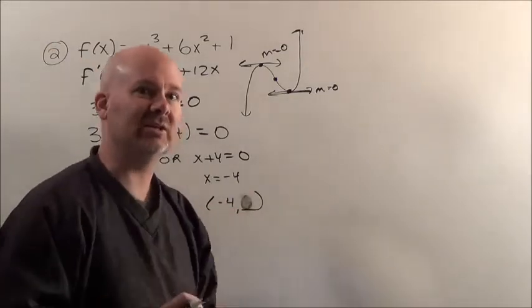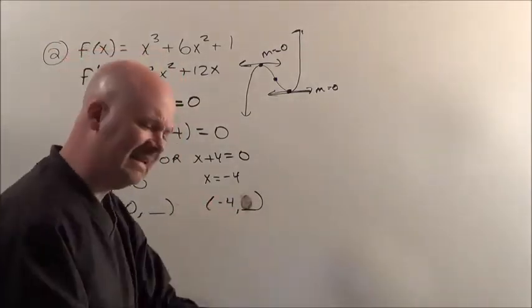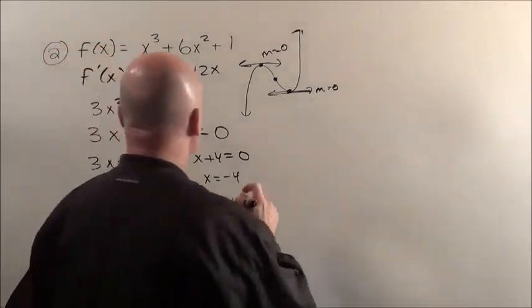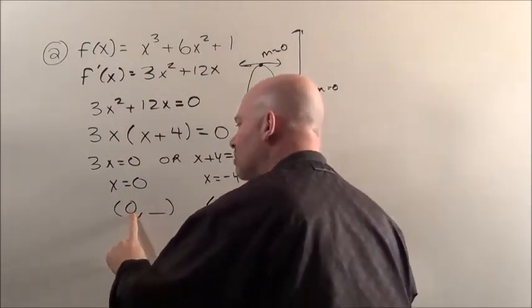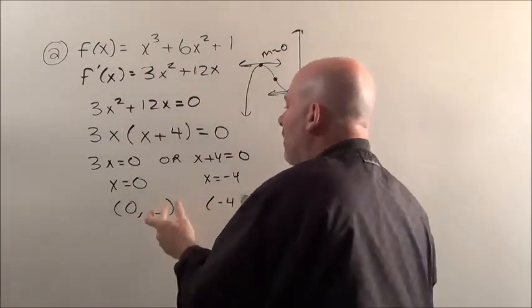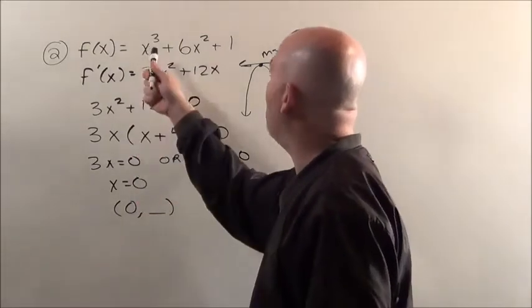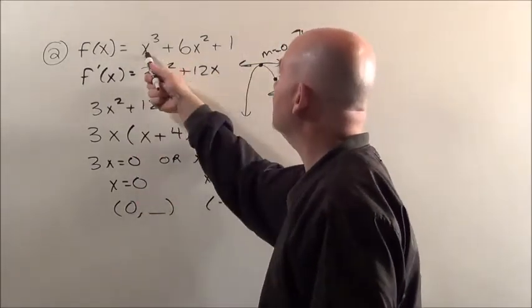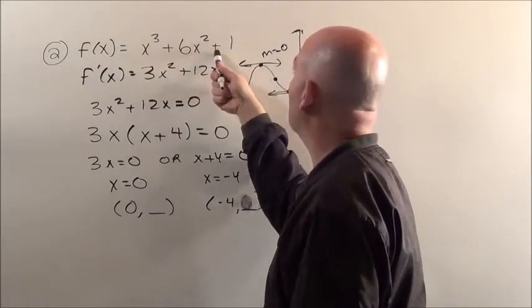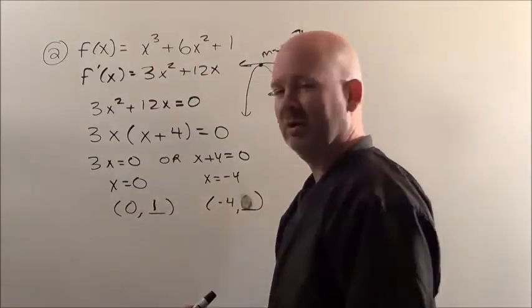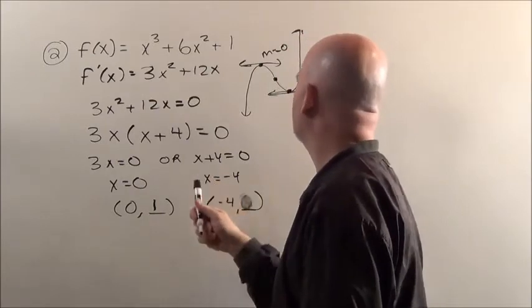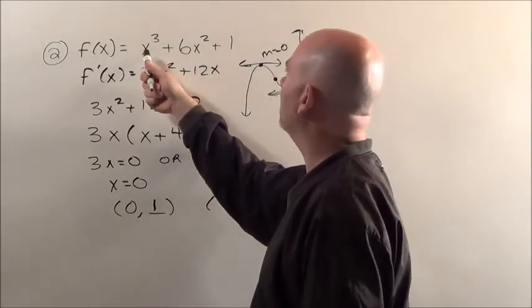But again, I didn't ask you to name maximums and minimums. I just said give me the critical points. So to find these critical points, if I know what occurs when x is 0 and when x is negative 4, how do I find the y value that goes with it? All I'm going to do is plug 0 back into the equation. 0 cubed plus 6 times 0 squared plus 1. That's just going to be a 1. So 0, 1 is one of the points. Plug negative 4 in. Woo, a little big.